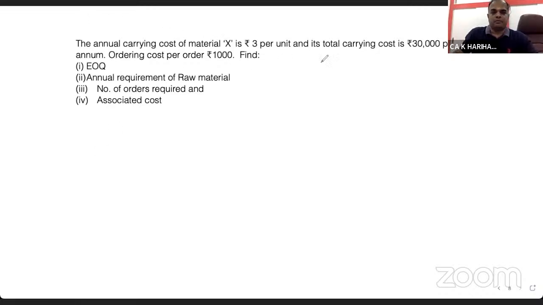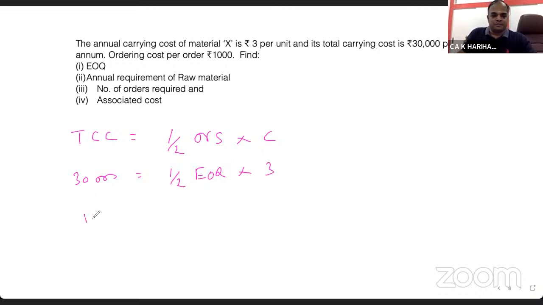How to compute EOQ? Total carrying cost is equal to half of the order size into carrying cost per unit per annum. 30,000 is equal to half of the order size, nothing but EOQ, into 3 rupees. 30,000 divided by 3 is equal to 10,000, which is half of the EOQ.